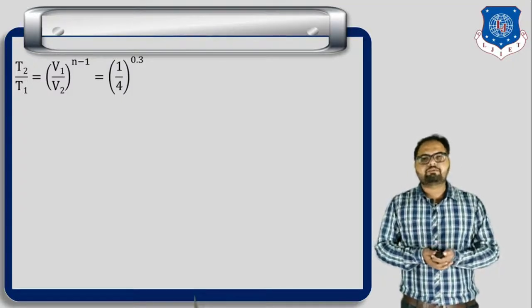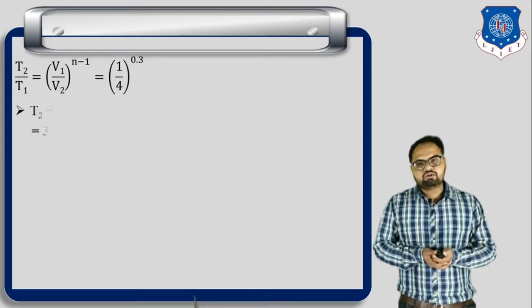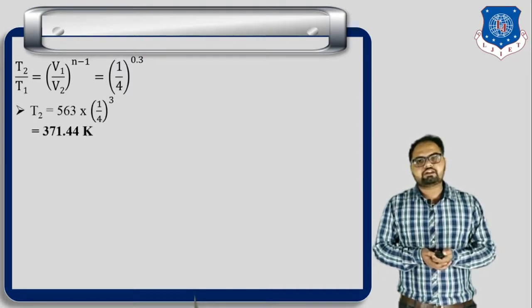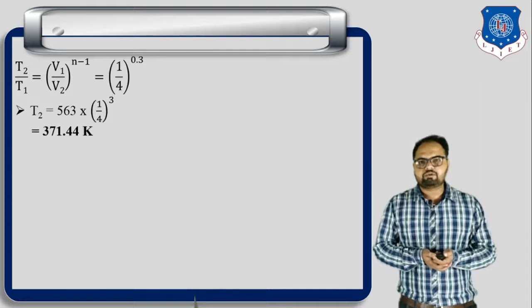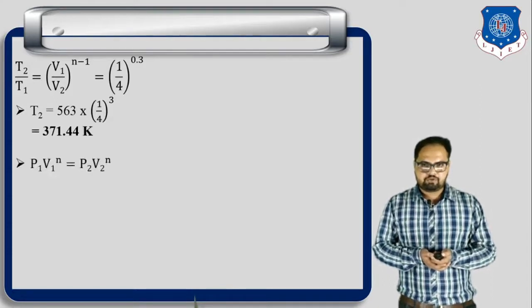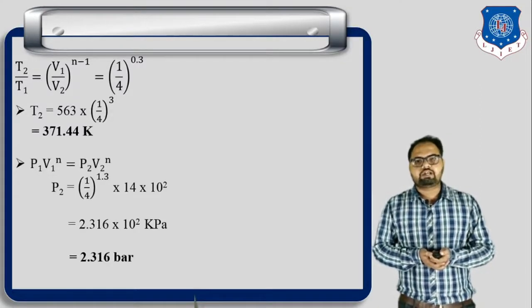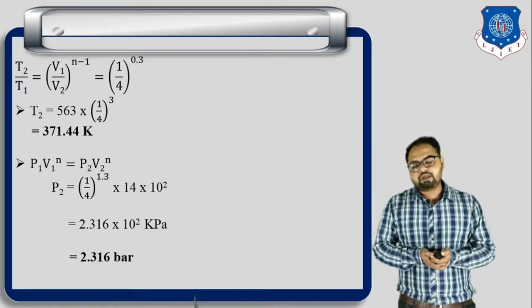Now we have the values of T1, V1 and V2, so from this equation we can easily calculate T2. By putting in all the values, we get T2 as 371.44 Kelvin.